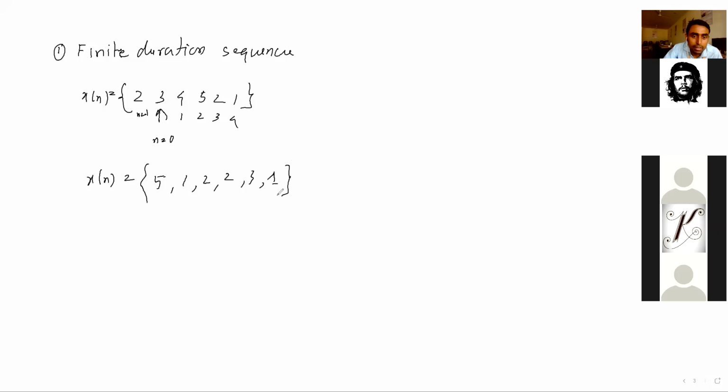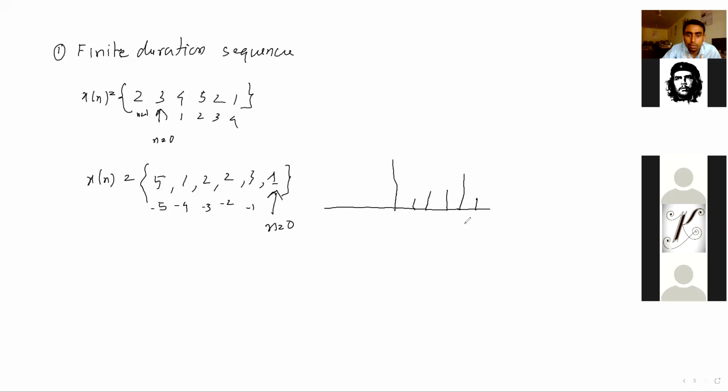If the arrow mark is given here, then this is for n equal to 0, this is for n equal to -1, this is n equal to -2, n equal to -3, n equal to -4, n equal to -5. If we try to plot, the amplitudes would be 1, 3, 2, 2, 1, 5.